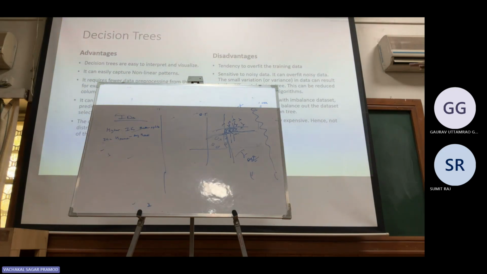It can be used for feature engineering, predicting missing values. As in linear regression, if some columns are missing, you can take the mean of that, right? Now I'm seeing there are a lot of missing values, so I do not want to go with the mean. What I can do is create a decision tree, which basically gives me, if this is the case, the average of this bucket.